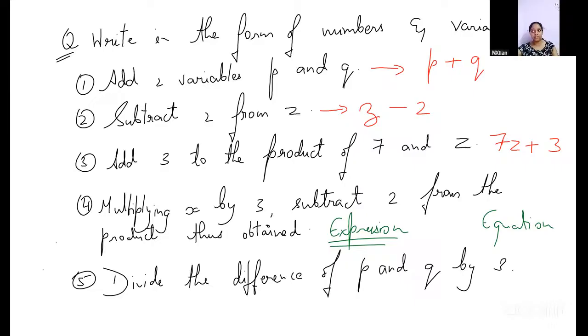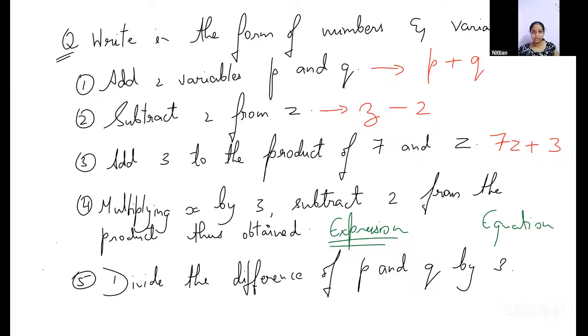What is the value of x? What is the value of y or z? That is an equation. What we are doing is known as expression. You only have to express these sentences in the form of x or y and numbers. You don't have to solve them. Okay, give another try, Nathaniel.